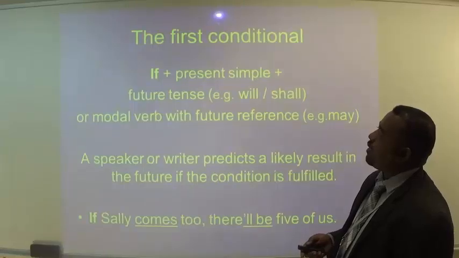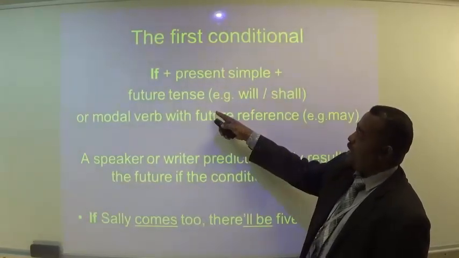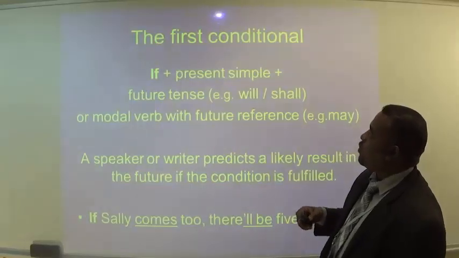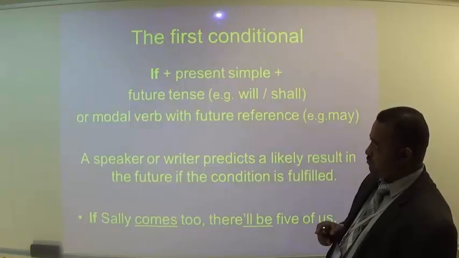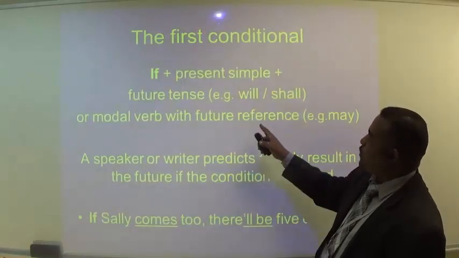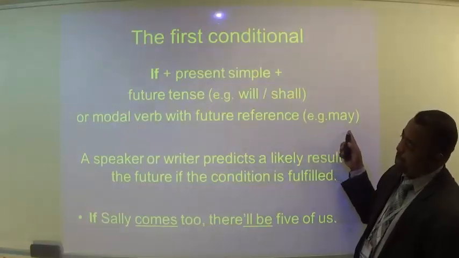The first conditional is: if plus present simple plus future tense, and for the future we use the modal verb will or shall. A modal verb with future reference could sometimes be may.